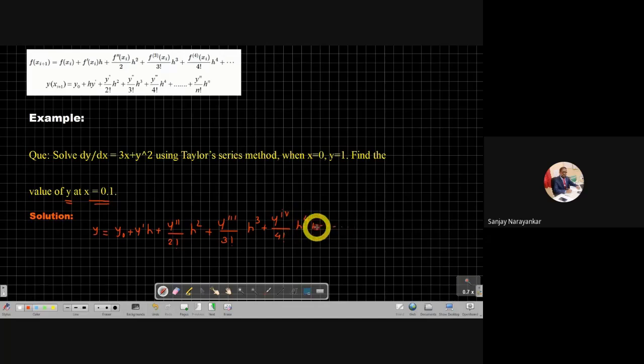Generally, when we are using the Taylor series, we use the terms up to 4th order, otherwise it becomes very difficult for anyone to find the higher order derivatives.